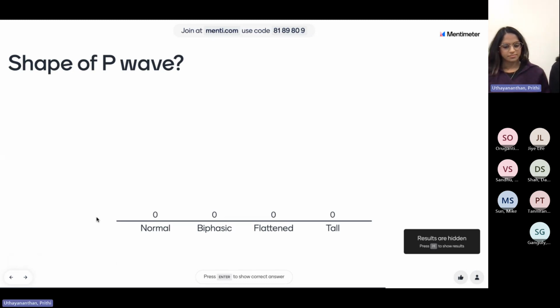And then we want to look at the shape of the P wave. So is it normal, is it biphasic, or flattened, or tall?